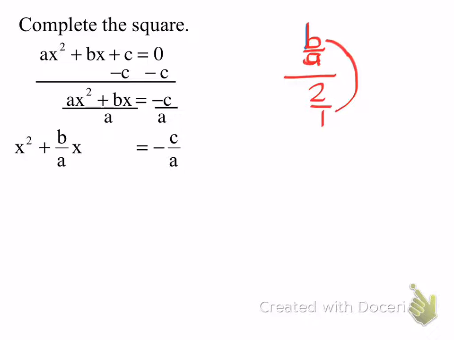So b over 2a. What this really means is b over a divided by 2, right? We don't divide fractions, we multiply by the reciprocal. So it's b over 2a. I don't care what way you do it, but that's what it becomes.